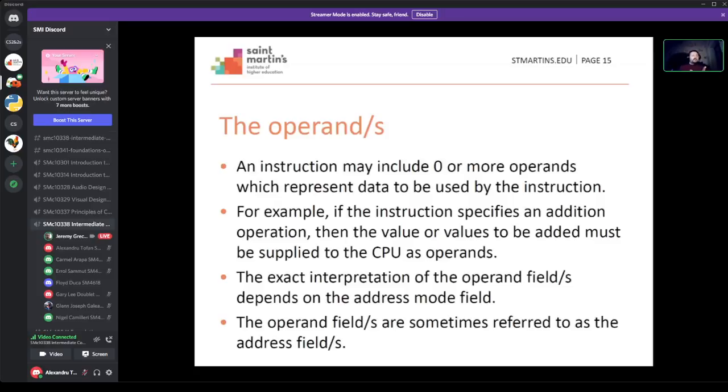Direct addressing, on the other hand, means that the data that I'm passing to you actually refers to a memory address. Any questions so far? Okay. All right.